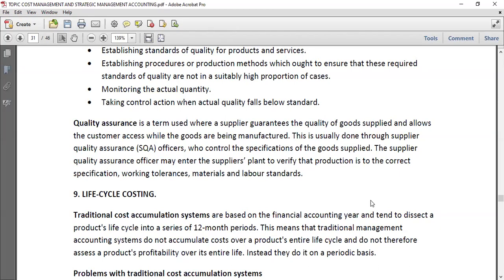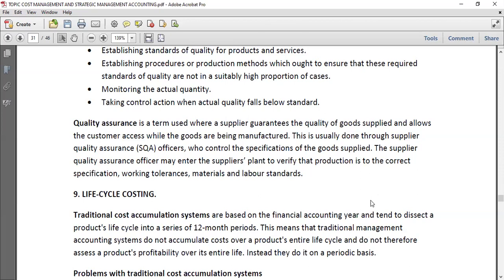Life cycle costing says that we accumulate all costs for the entire product life cycle. For example, if you're introducing a new drink in the market, we look at the product and development costs for that drink and predict the costs we shall incur along its product life cycle.